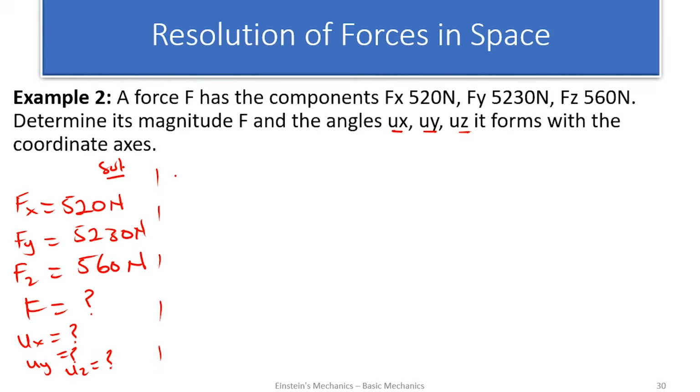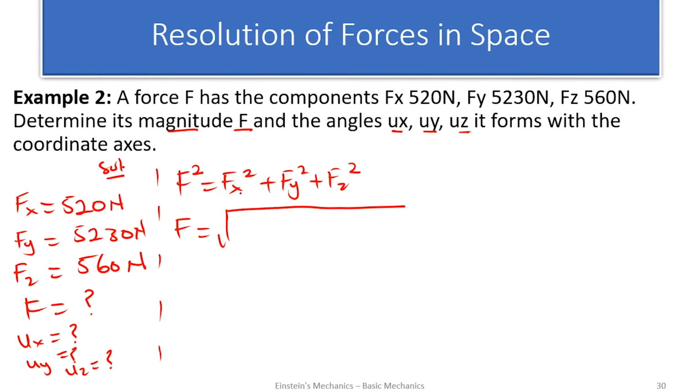But we remember that the magnitude of the force squared is the same as the resolution on the x squared plus the resolution on the y squared plus the resolution on the z squared. Yes, so we can fix in these values and punch to find the magnitude f, which is simple. So can we say f is the same as the square root of what is f of x?